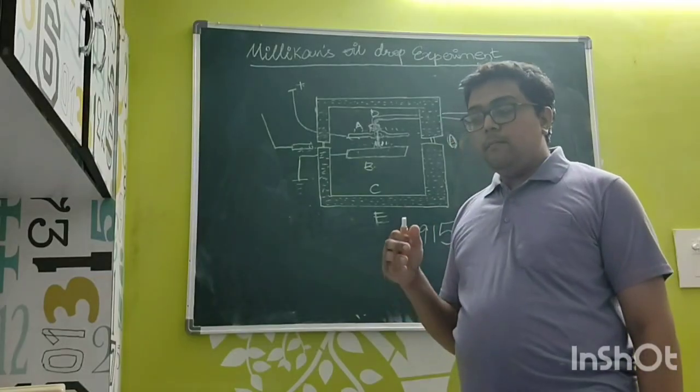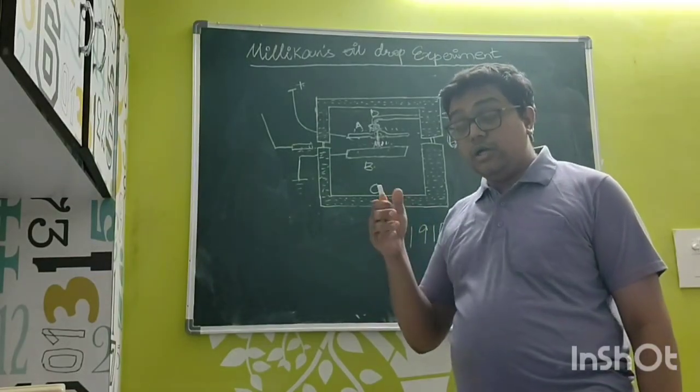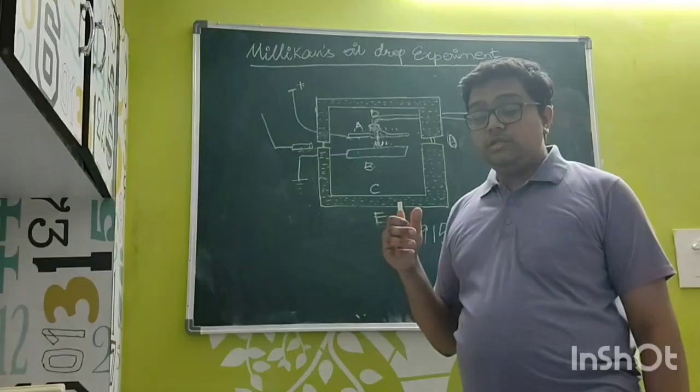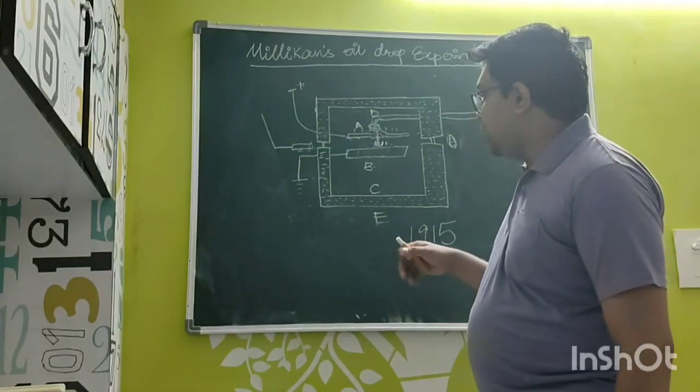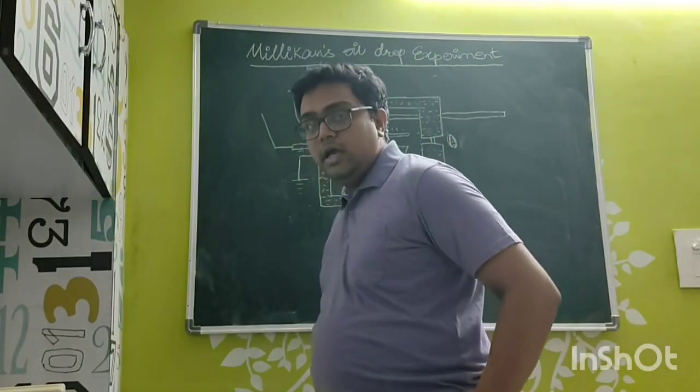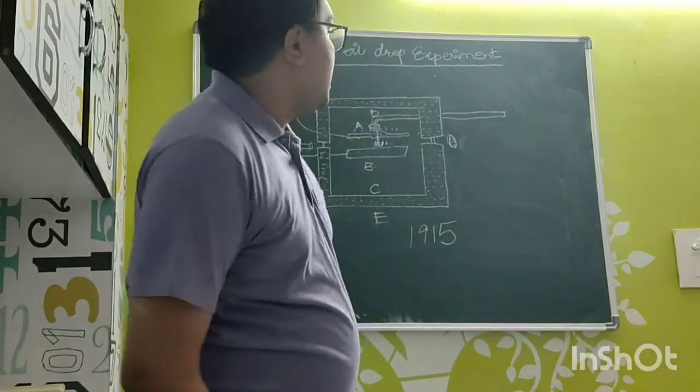Then, using the charge to mass ratio, we get the mass of the electron as well.